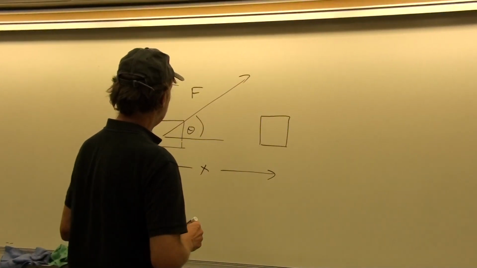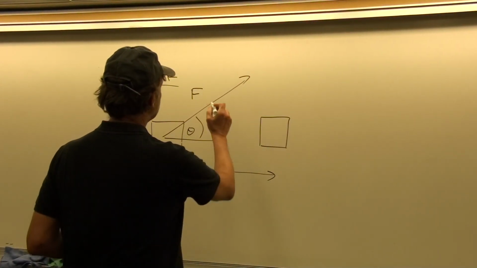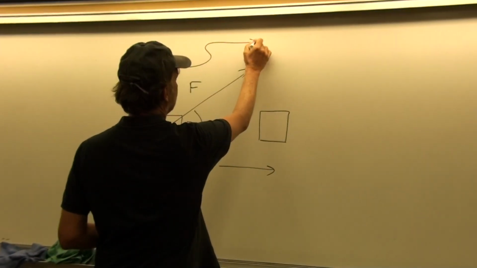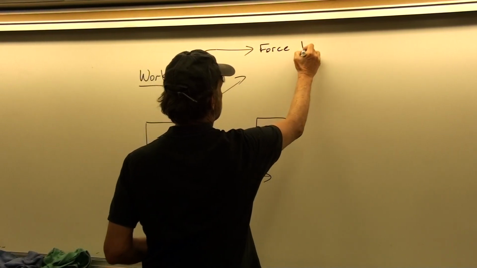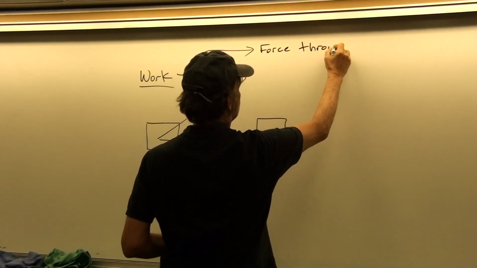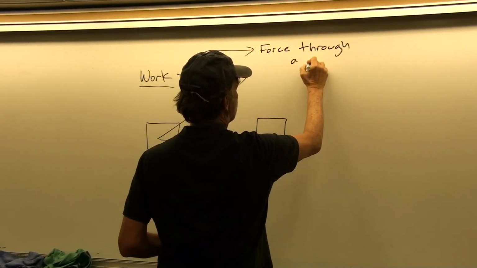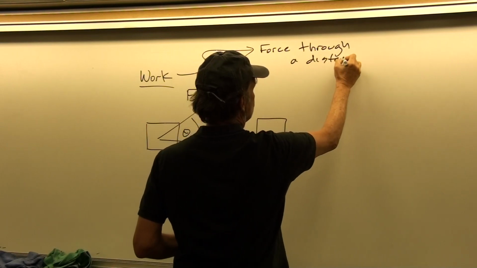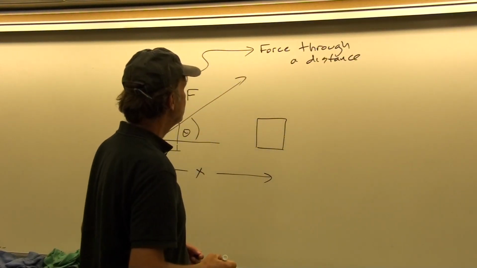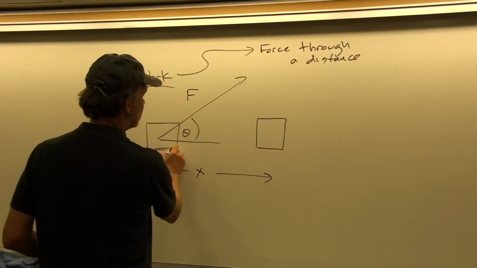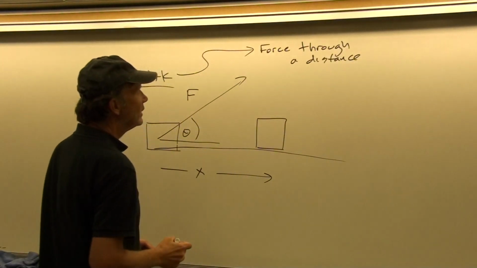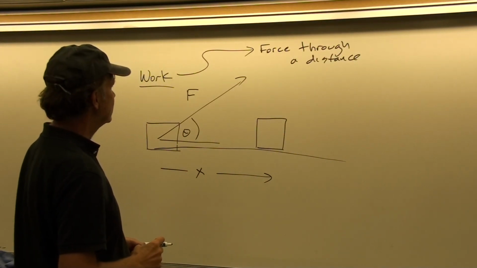work. Now, we can think of work very generally as being force through a distance. But it isn't quite that simple, because we are in effect looking at just that part of the force that goes in a particular distance.